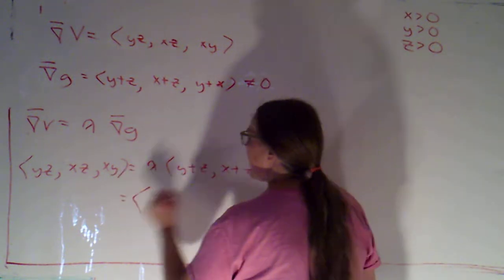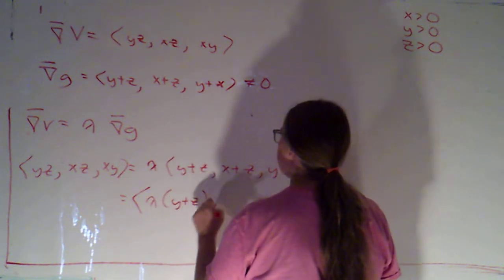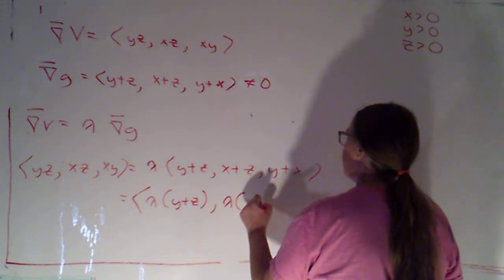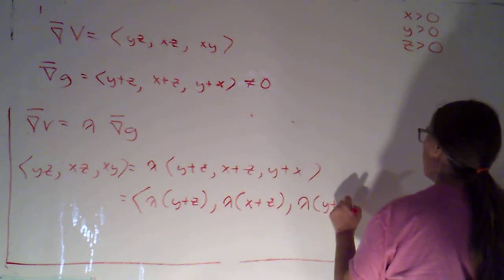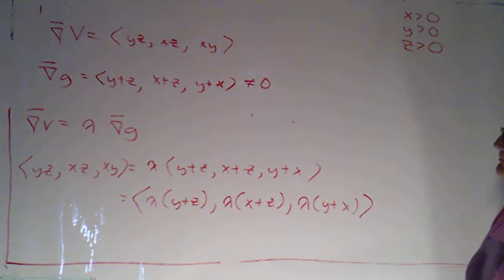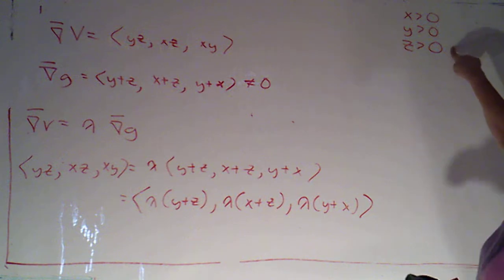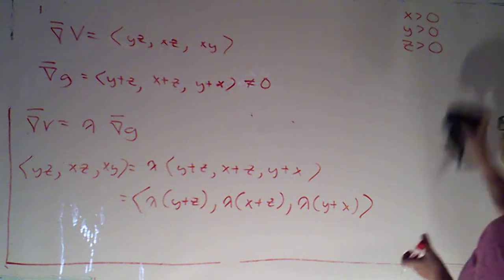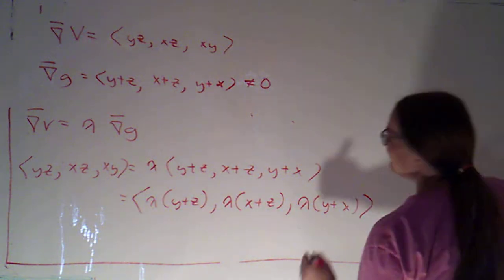And if I just do that scalar multiplication, that's lambda times the quantity y plus z, lambda times the quantity x plus z, lambda times the quantity y plus x. Fabulous. Okay. I'm going to erase this information that x, y, and z are positive, but I'm not going to forget it because it's going to be useful.